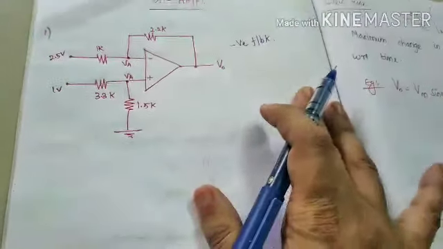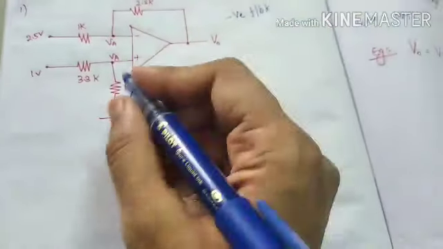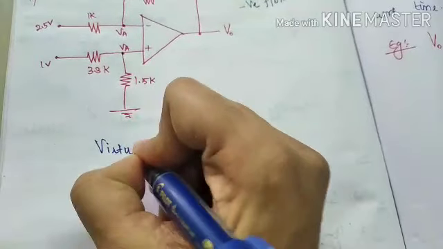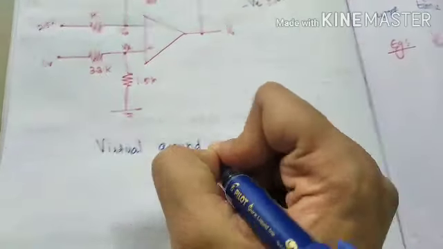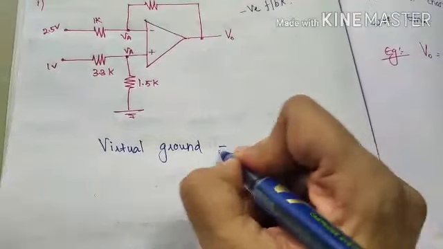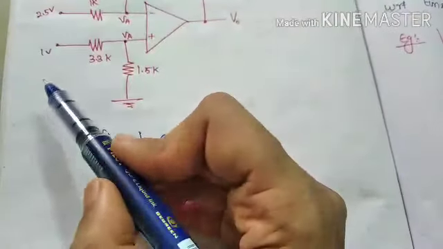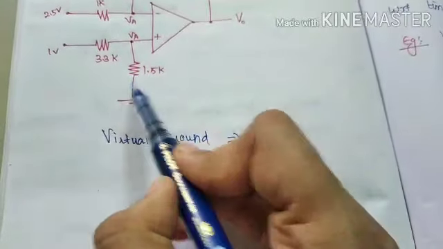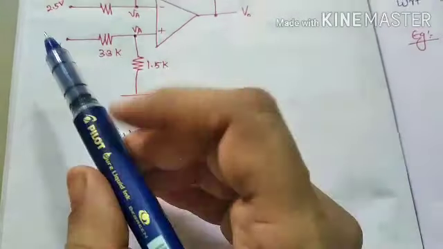Now we will solve this problem. Listen carefully. Negative feedback, so we have to apply the concept of virtual ground. That means we have to find the value of VA. So we have to find the voltage across this 1.5 k ohm resistance.